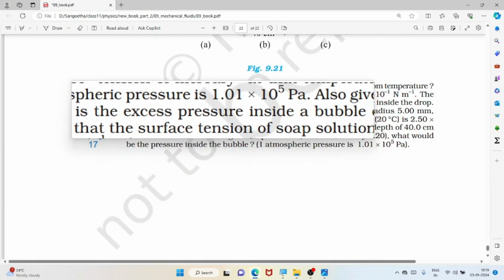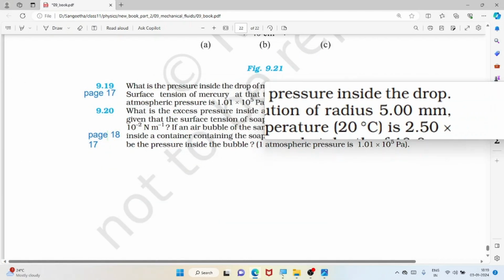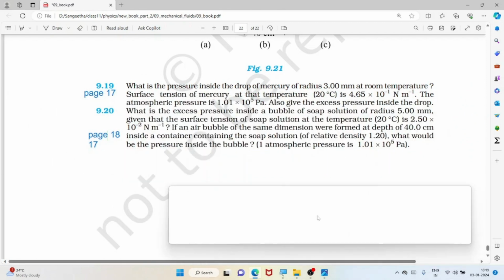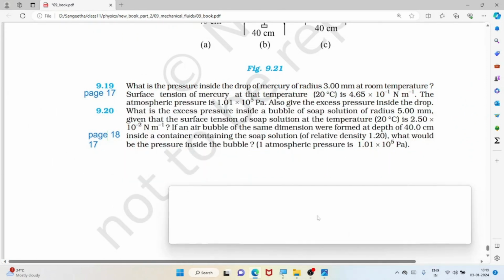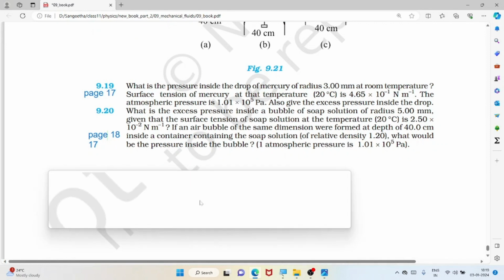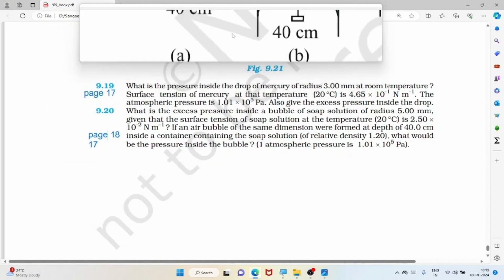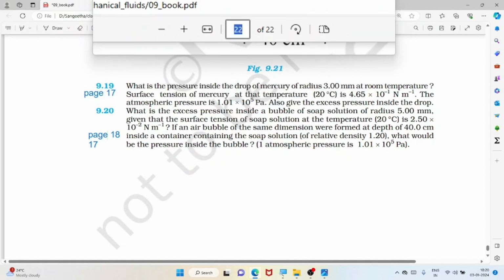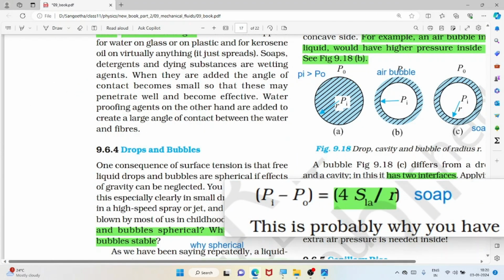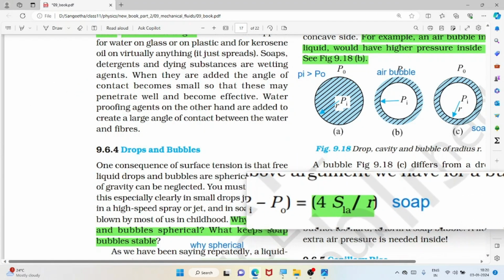So what is the excess pressure inside a bubble of soap solution of this radius? Okay, you see here there is a difference between the air bubble and the soap bubble. Okay, a soap bubble has two surfaces, so that is 4S by R. One is 2S by R, the other is 4S by R. See, this is 2S by R. Here we have 4S by R. This is for the soap bubble.